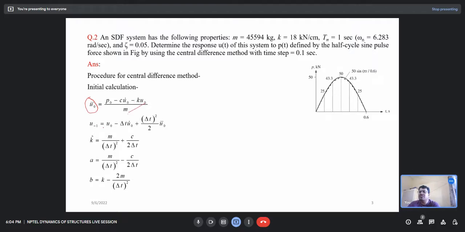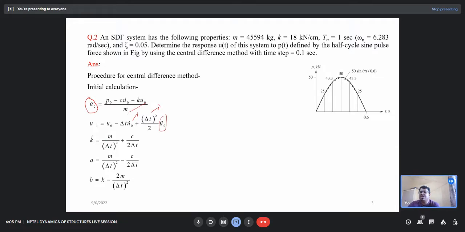And the displacement for the previous step is u minus 1 equals u naught minus delta t u dot naught plus delta t square by 2 u double dot naught. Here delta t is your time step, u dot naught is your initial velocity, and u double dot naught is your initial acceleration.